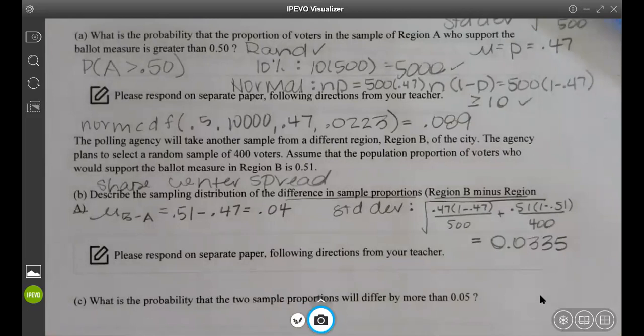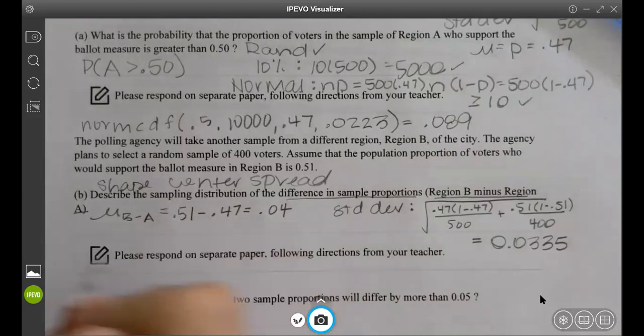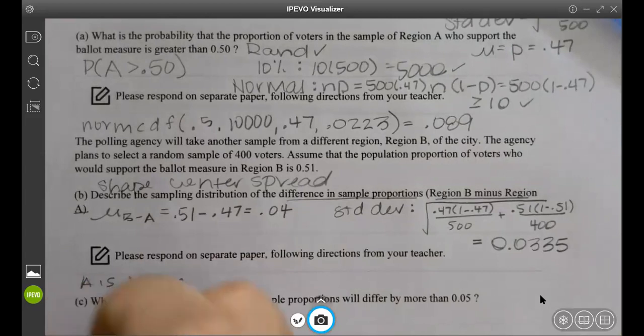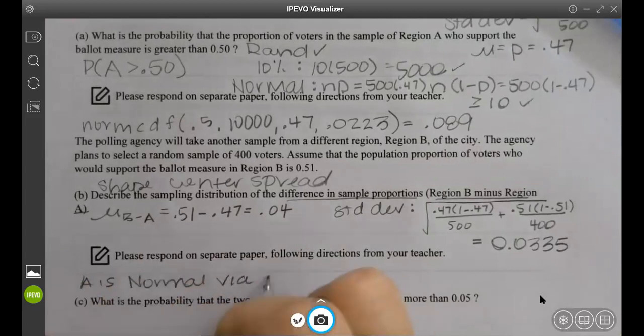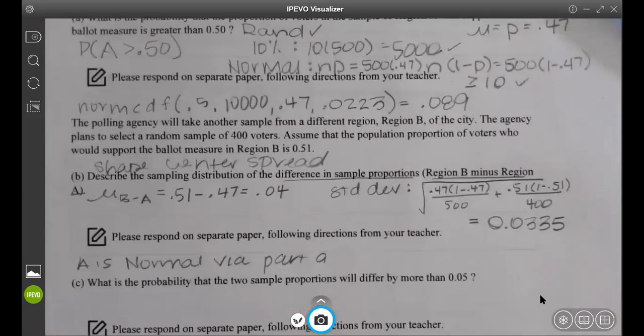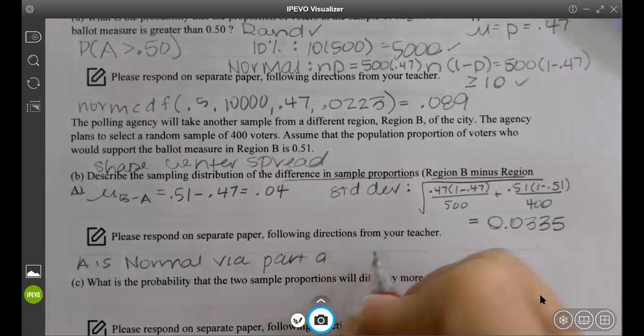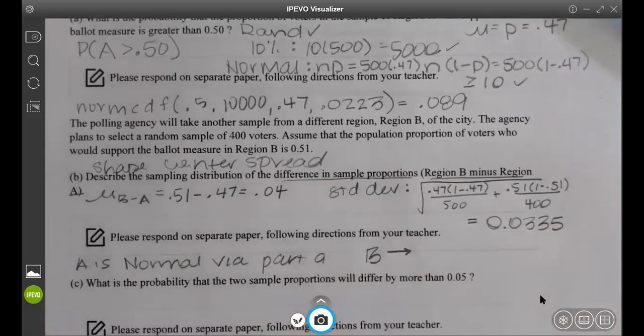And then how do I do the shape? What's the shape of A? How'd you know it was normal? We did the normal test, right? So we're gonna do the same thing for B. So A is normal via part A. For B, we have to check the normal condition.